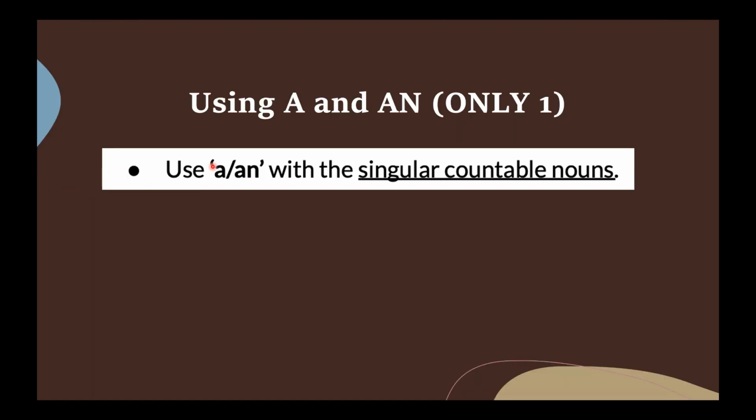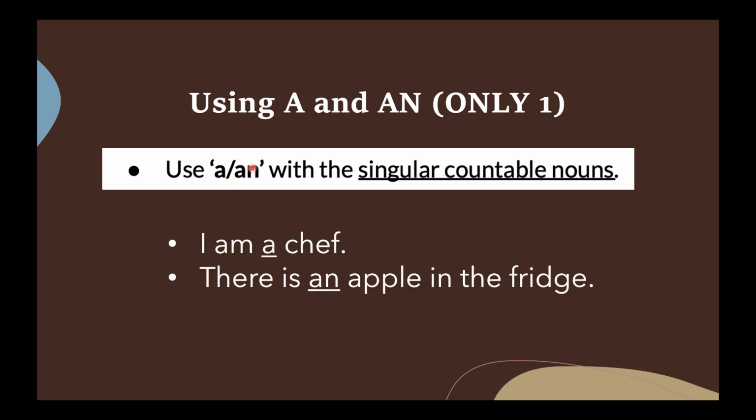And. 이거 사용할 수 있죠? And with singular. 이거는 singular 쓸 수 있는 명사. 이거 딱 하나죠. 딱 하나. I am a chef. There is an apple in the fridge. 이건 모음이죠? 모음은 A, E, I, O, U. These are the vowels. 이거는 모음 있으면은 an이죠? 이거 알고 계시죠?